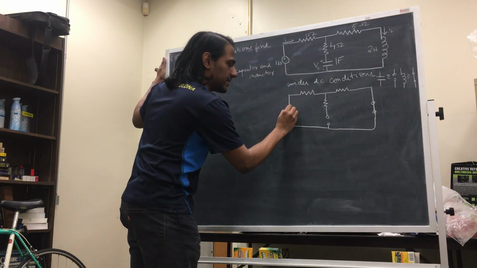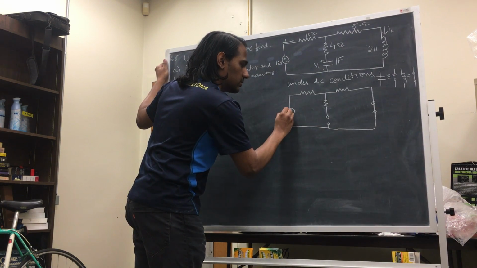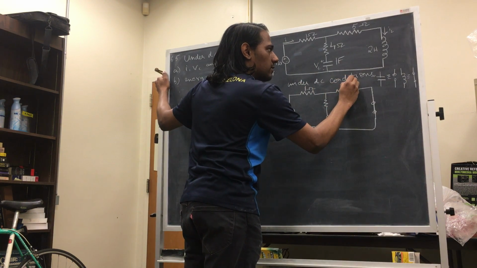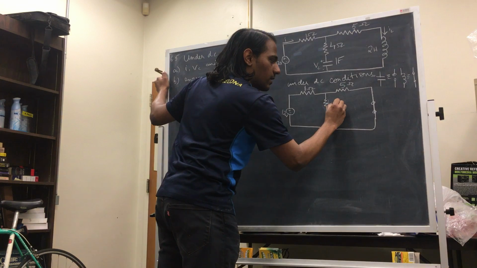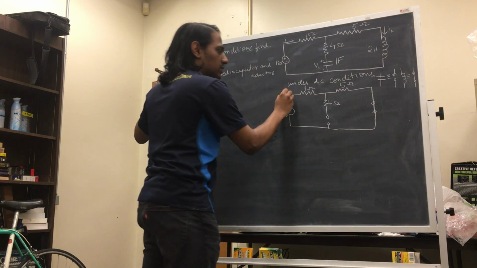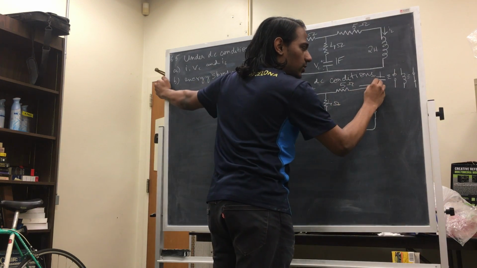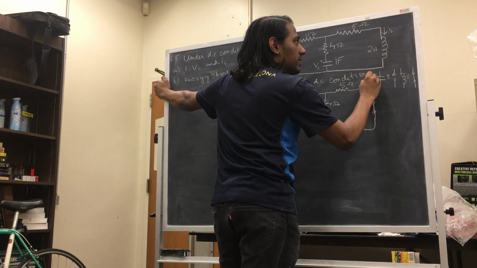The rest of it stays the same. This 12 volt, 1 ohm, 5 ohm, and 4 ohm. So there's a current I flowing here, and IL is flowing through where the inductor was.